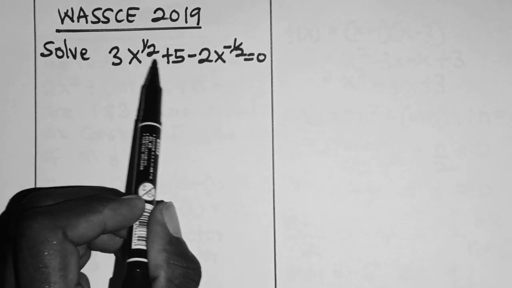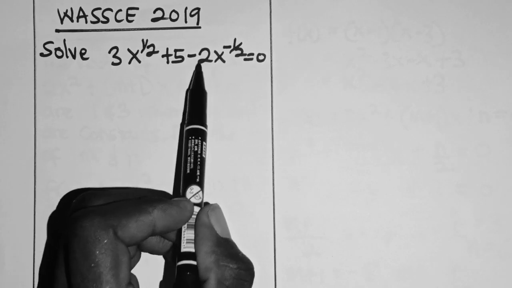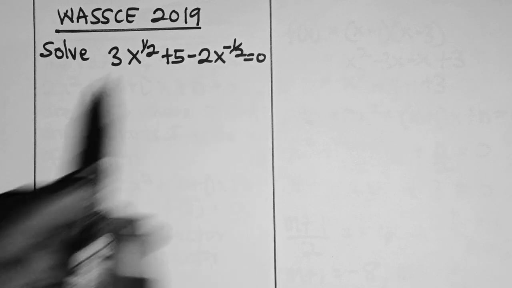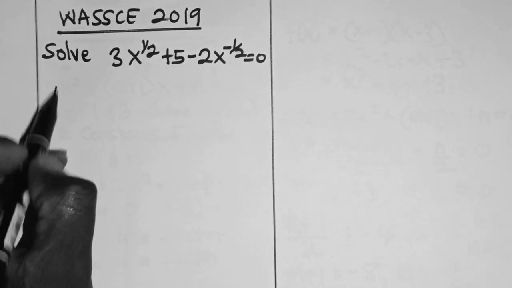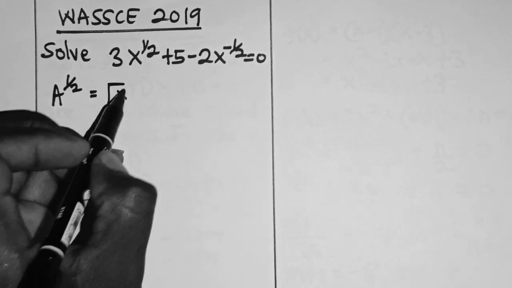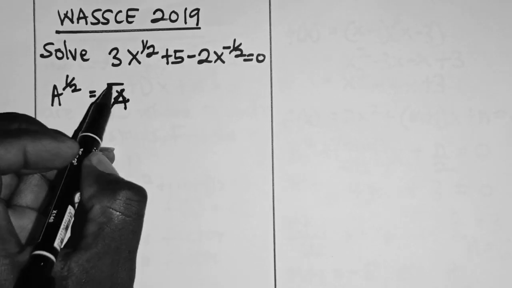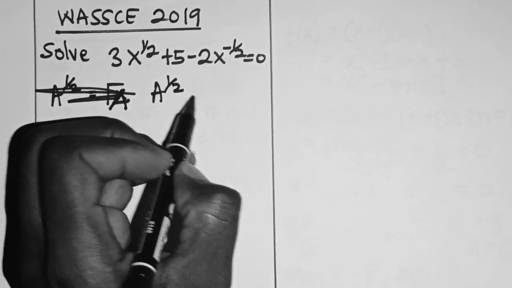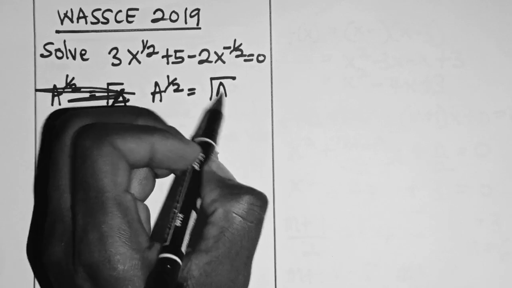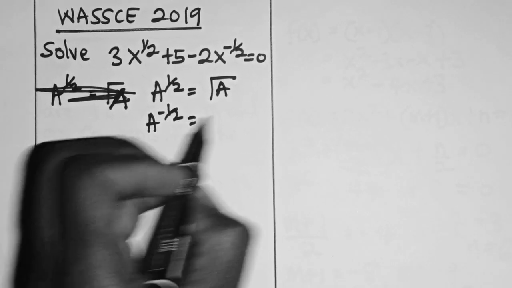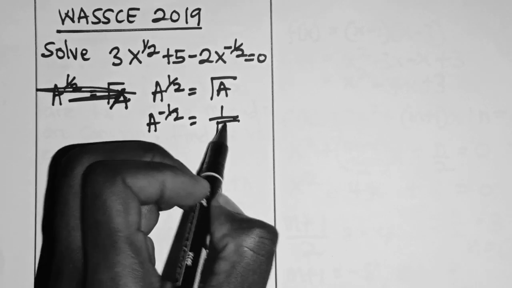Solve 3x exponent 1 over 2 plus 5 minus 2x exponent minus 1 over 2 equals 0. So now, a exponent 1 over 2 is the same as square root of a. And then a exponent minus 1 over 2 is the same as 1 over square root of a.